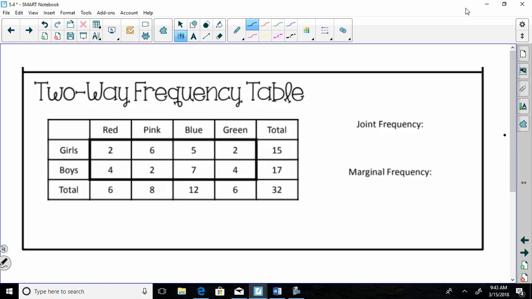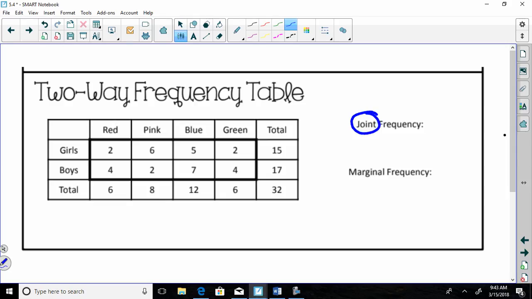All right, so first we're going to start with what are joint frequencies and what are marginal frequencies. So joint frequencies, I'm on the last page of the foldable, the very last part of it. Joint frequencies are like joints in your body, right? Joint frequencies are what holds the data together. They're the actual data, like the bones of the data.